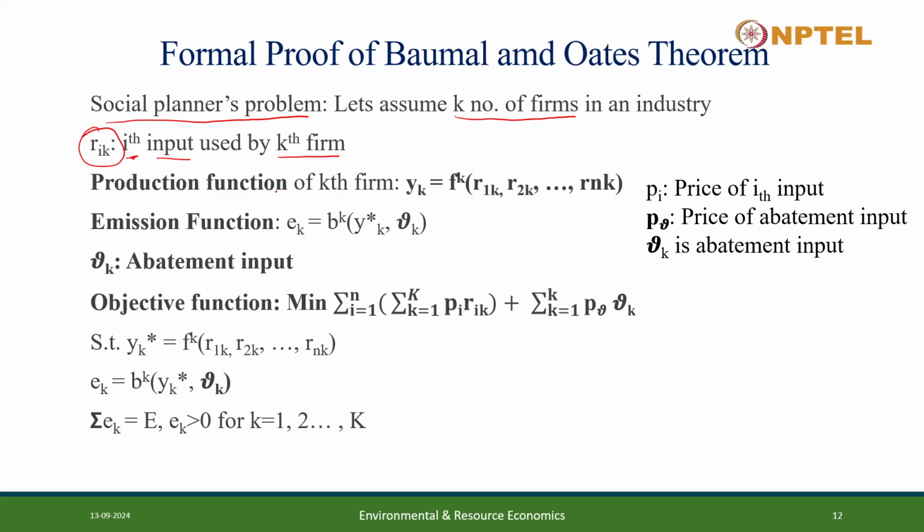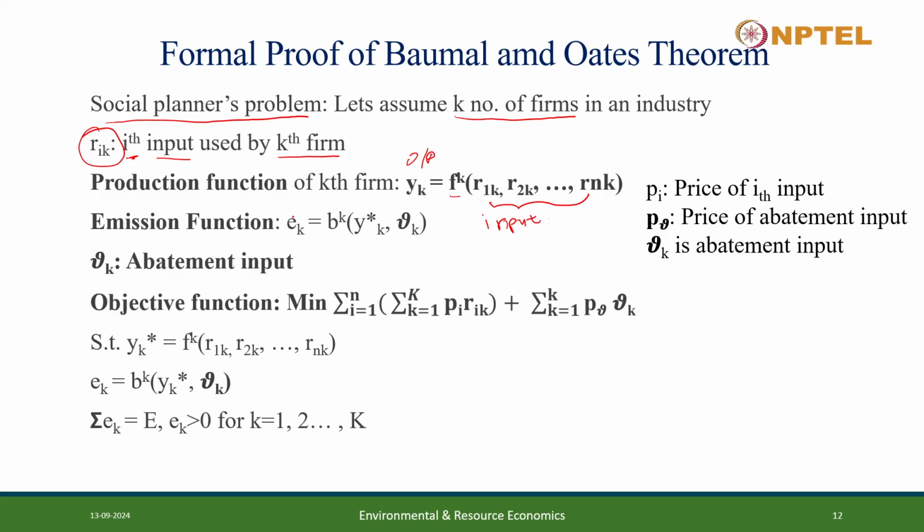Now my production function y_k is given by f_k, a function of its raw materials. These are my inputs, and this is my output. So my production will be dependent on all the inputs which I use, right?